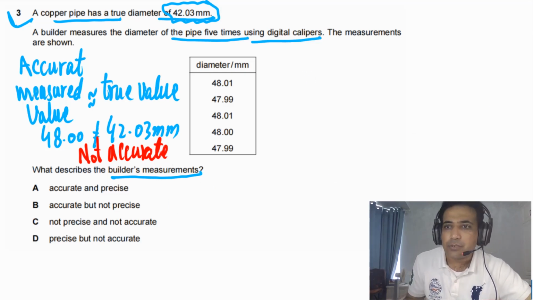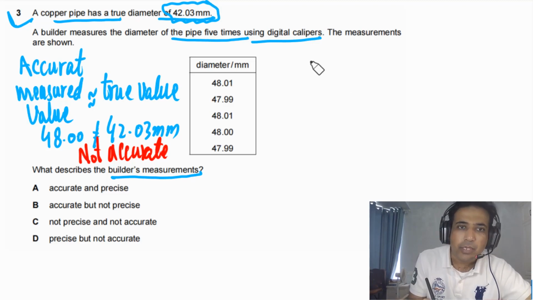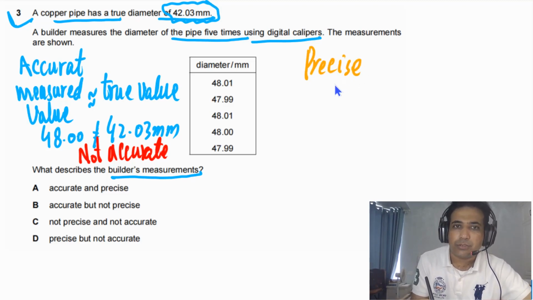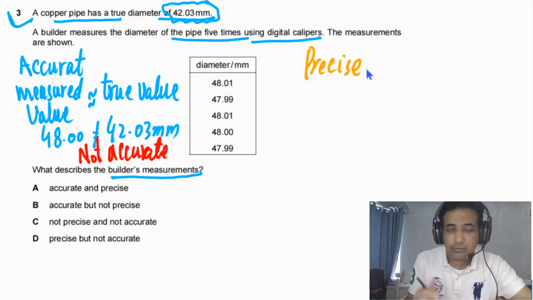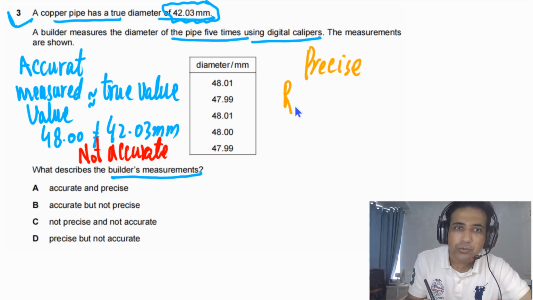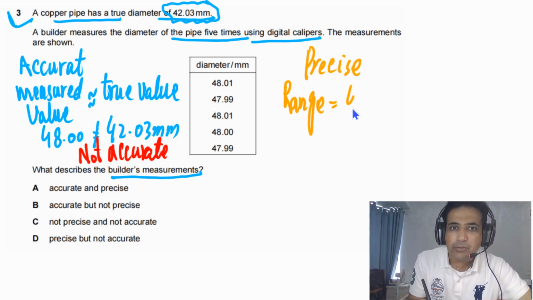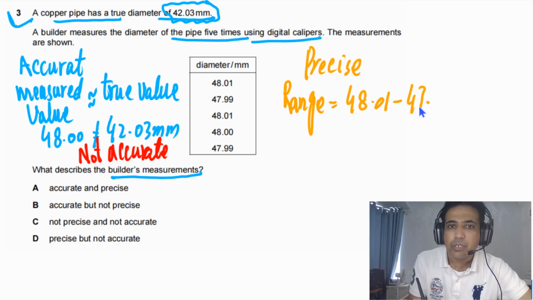Now we need to look at precision. Values are precise if they are close to each other. Or the range is very small, so we can calculate range in this case. We have the maximum value, that is 48.01, minus we can write down minimum value 47.99. So in this case, range is about 0.02 millimeters.